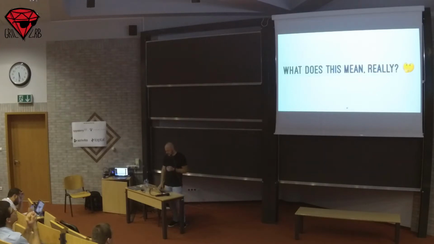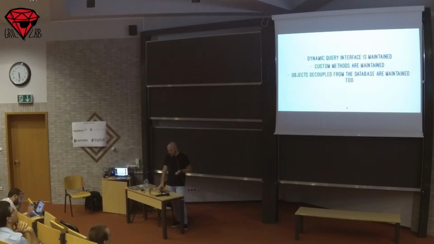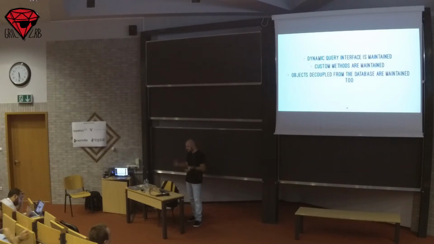So what does it mean really when it comes to ROM itself? So even though we have a lot of advanced features, we were still able to maintain the dynamic query interface, which again means just projecting data however you want using a very powerful query interface. And it's still maintained, like there are no restrictions.